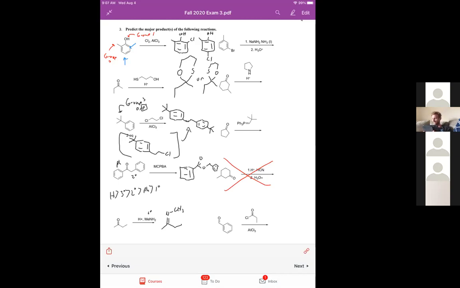Going back up to the top, this is going to be our elimination addition reaction. So we can make two different alkynes out of this. Each of them can lead to two products.